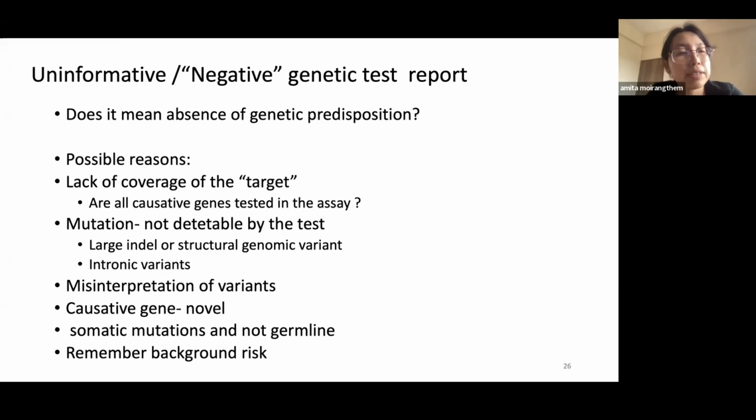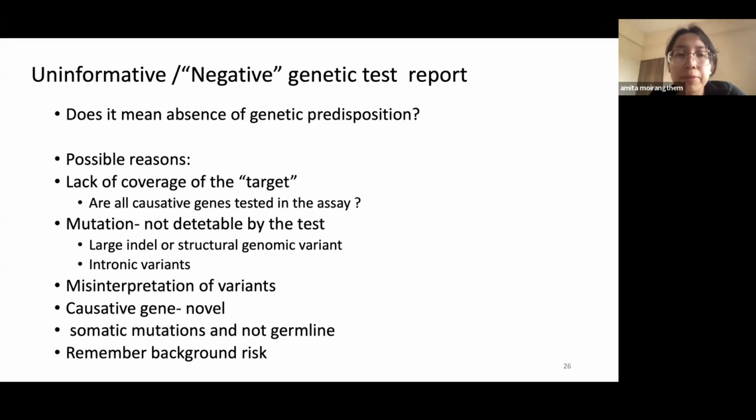The possible reasons might be that the target or the mutation is not covered, or is not sequenced properly. So again, we have to go back and see which genes are being covered in the NGS panel. Then NGS at present cannot detect large insertions and deletions. For this, we need to use an alternative method.